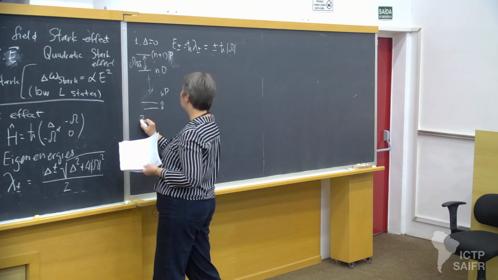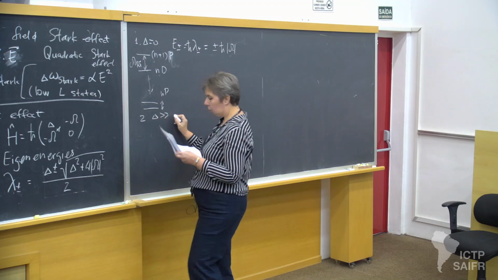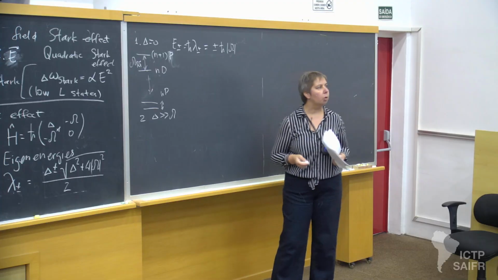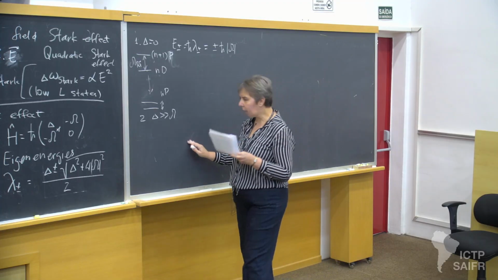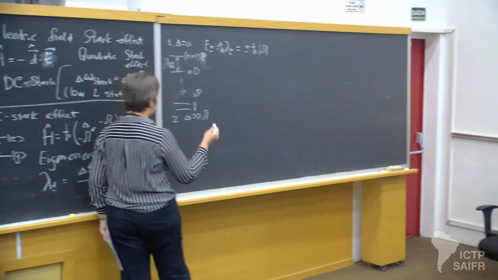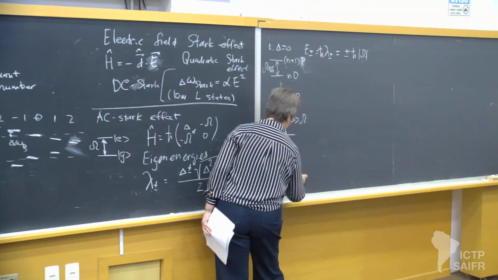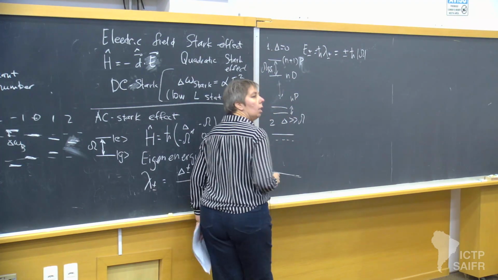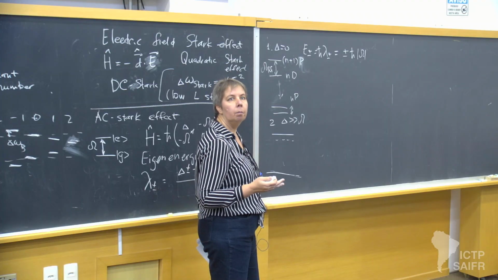So the second case, if delta is large, let's say delta is much larger than the Rabi frequency of your field. In this case, again, I'm going to skip the math. I'm happy to tell you more about it if you want to. We're going to have the light shift.